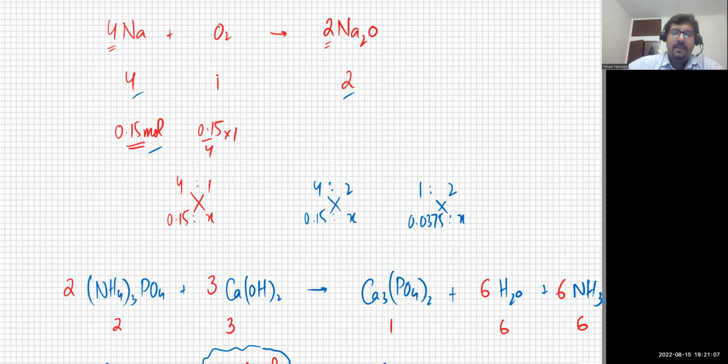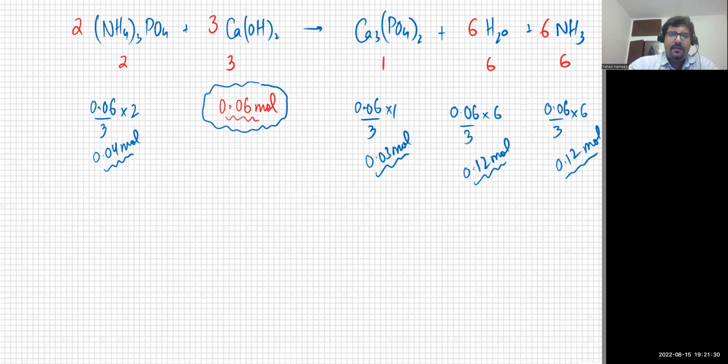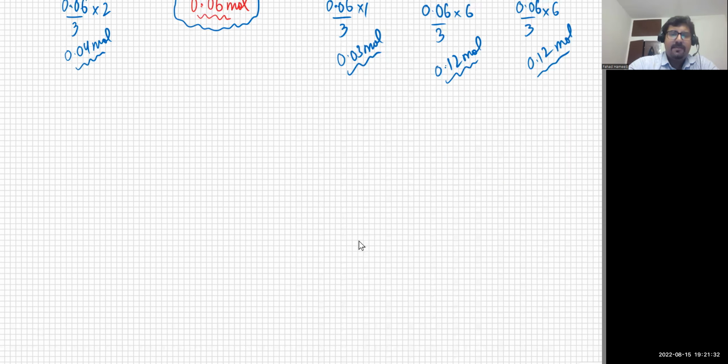If I want to find this one, I compare it with this one, 0.15 divided by 4 into 2. I'm going to get the same answer, but it's a lot faster. So this one is recommended because you'll be much quicker this way.